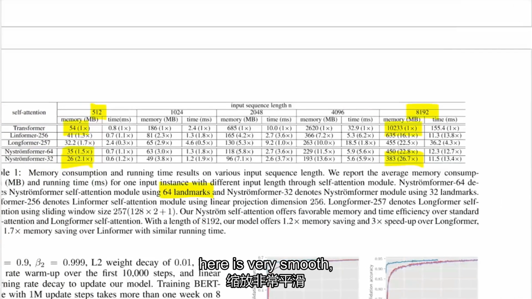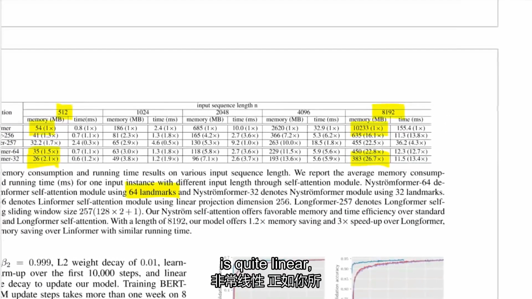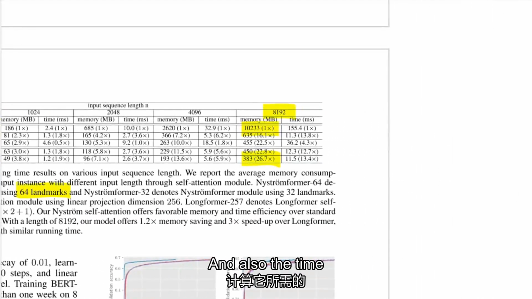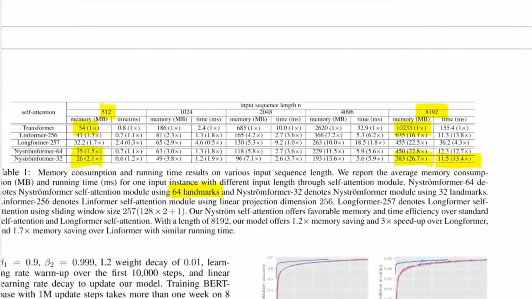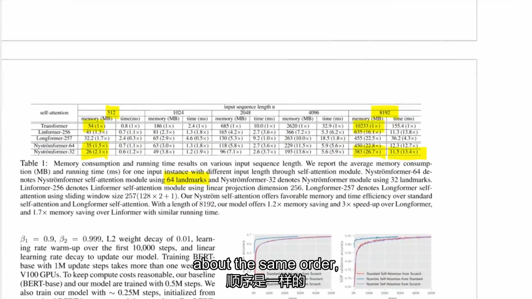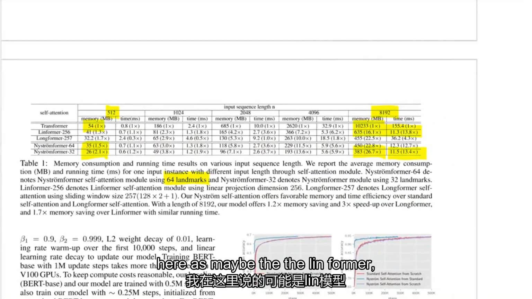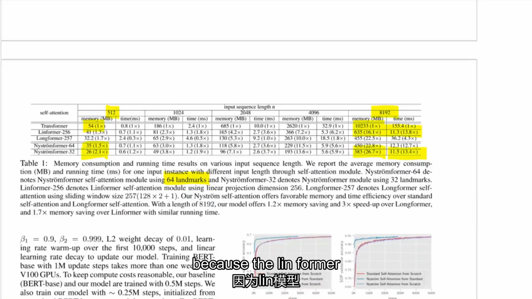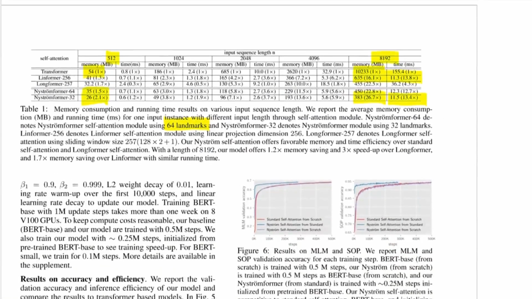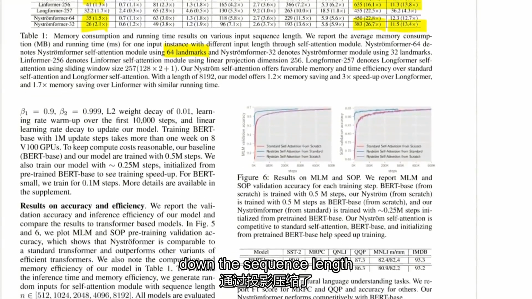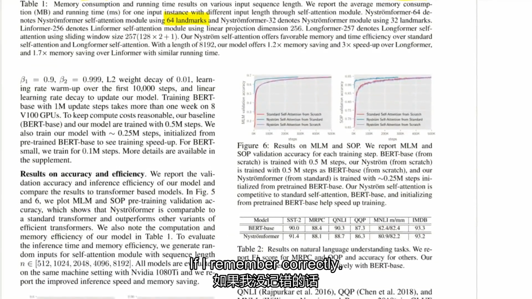So the scaling here is very smooth, it's quite linear, as you can see, and also the time required to calculate it gives you a big speed up. And it's about the same order, I would say, as maybe the Nyströmformer, because the Nyströmformer also compresses down the sequence length through projection, if I remember correctly.